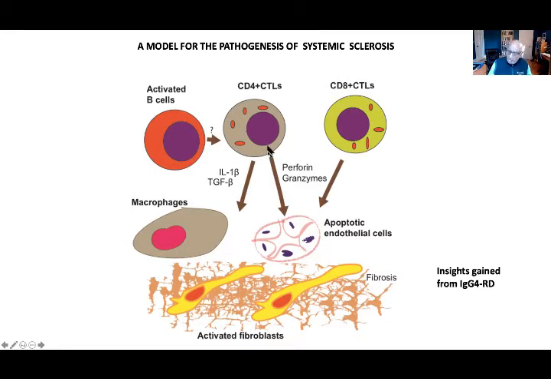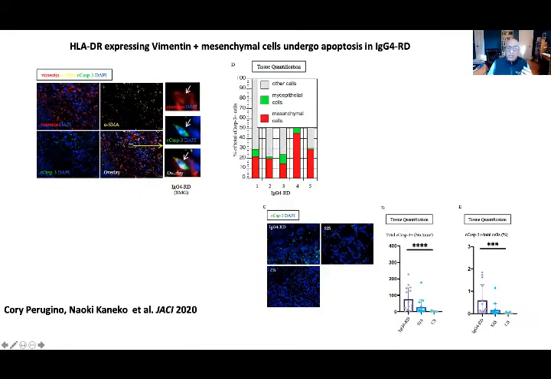HLA-DR is expressed at high level in these endothelial cells. So during inflammation, this is what happens. I didn't show you that for systemic sclerosis. I'm now showing you this for IgG4-related disease, where in inflammation, HLA-DR gets expressed on many cell types. But in IgG4-related disease, endothelial cells are not dying, but Vimentin-expressing mesenchymal cells are dying.